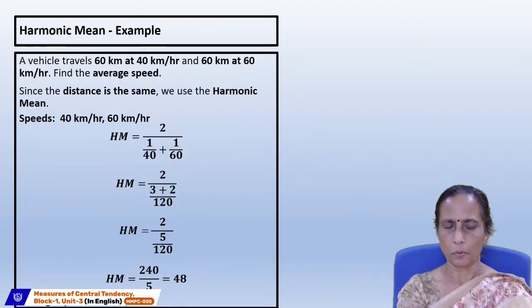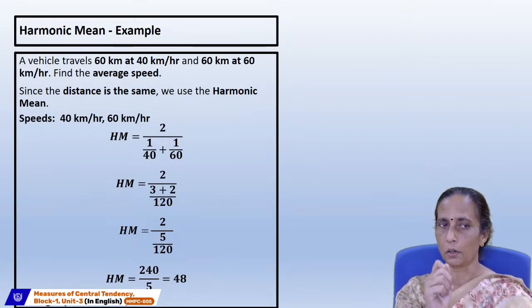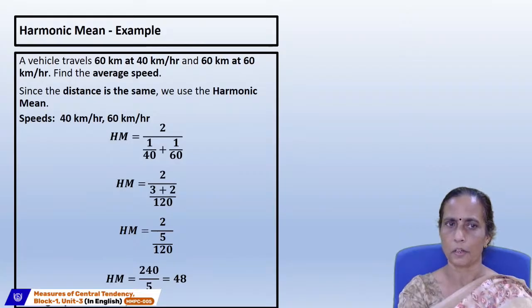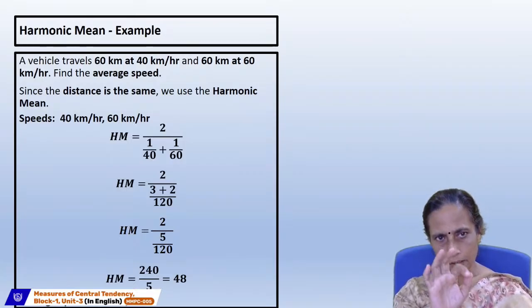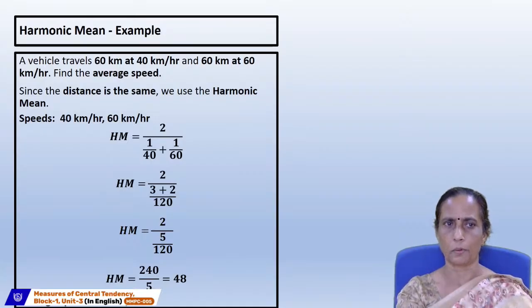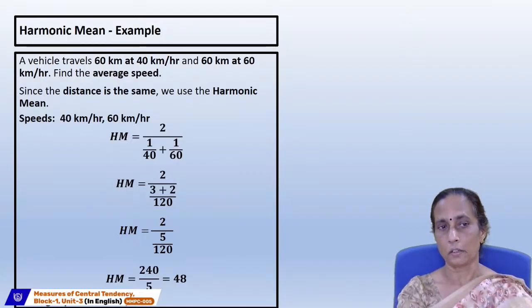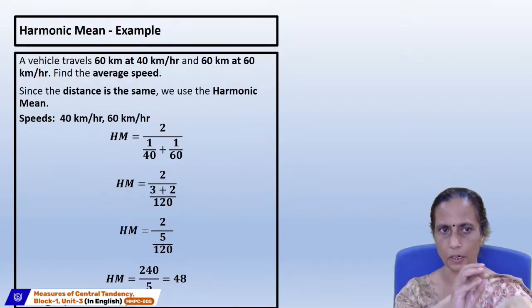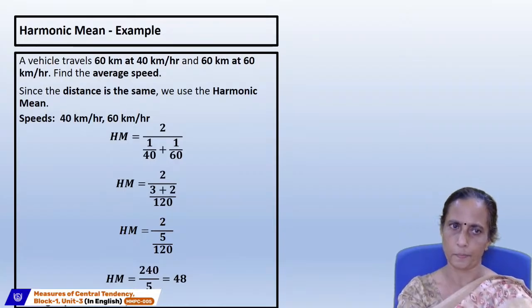Example maybe, suppose a vehicle travels 60 kilometers at 40 kilometers per hour and 60 kilometers at 60 kilometers per hour. Find the average speed. What will be the average speed of that particular vehicle? So distance is the same, that is 60 kilometers.